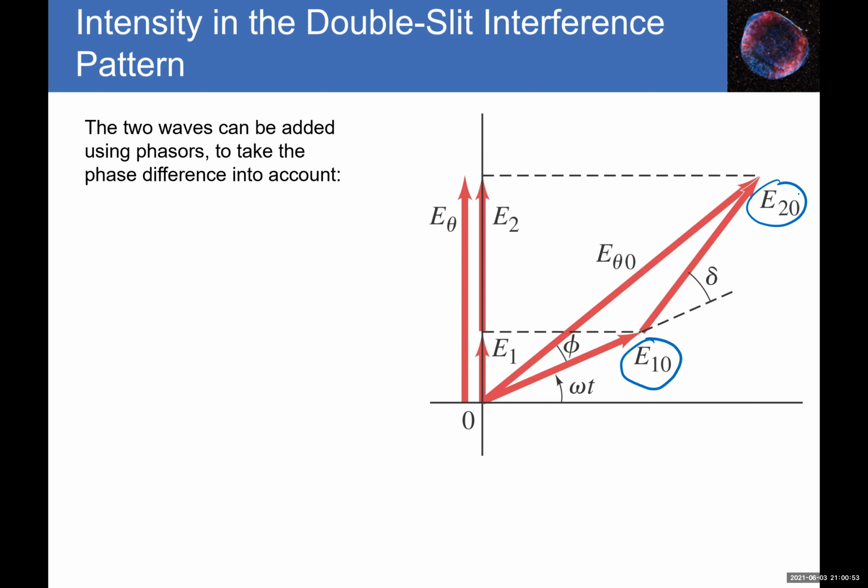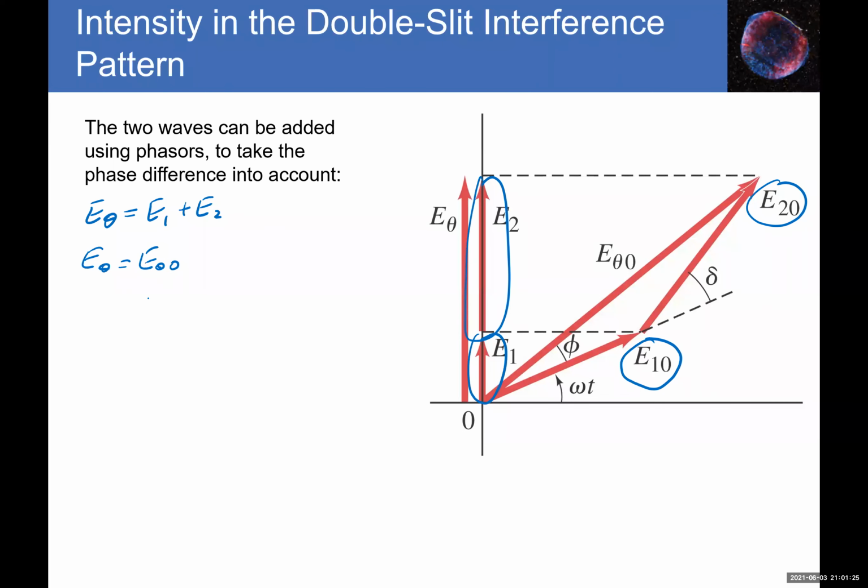If I look at the projection of them on the y-axis, this becomes E1 and this becomes E2. Then E as a function of theta will be the sum of E1 and E2.